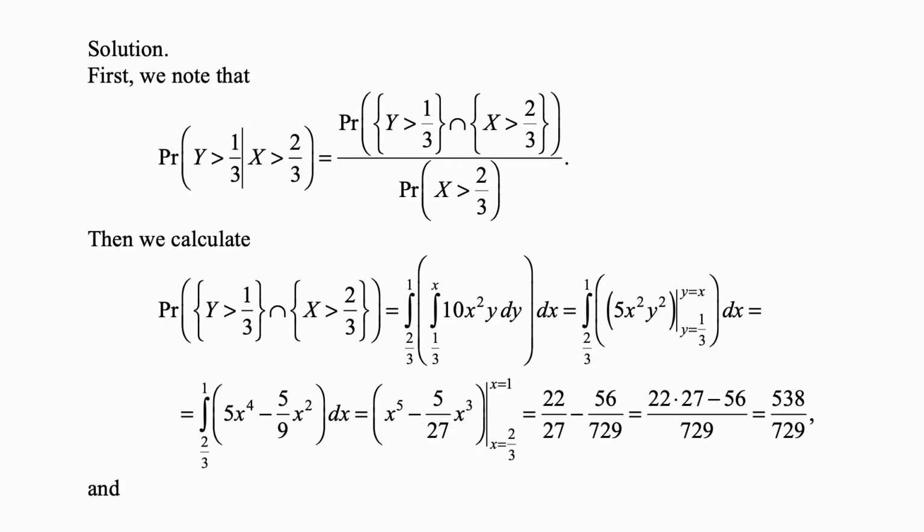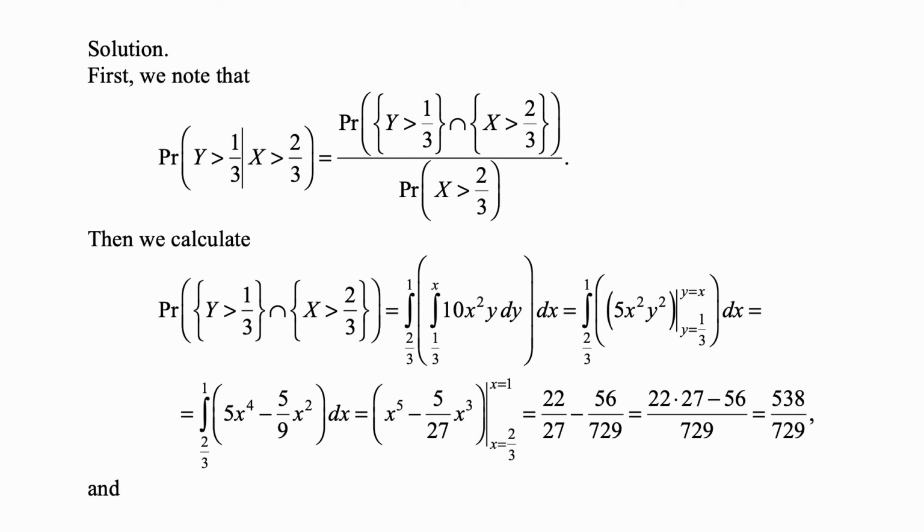At x equal to 1, obviously, this is 1 minus 5 over 27, which is 22 over 27. And at x equal to 2/3, well, we would have 2/3 to the 5th minus 5 over 27 times 2/3 cubed. And once you evaluate that, you'll see that you'll get 56 over 729. And 729 is equal to 27 times 27.